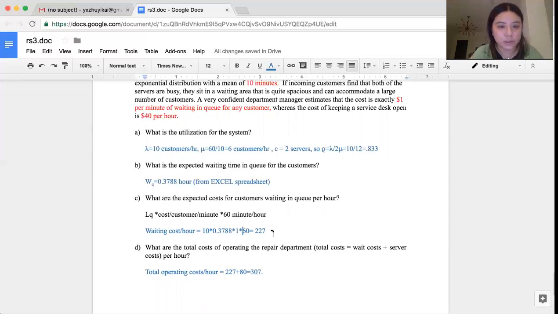So this is the expected cost for customers waiting in the queue per hour.